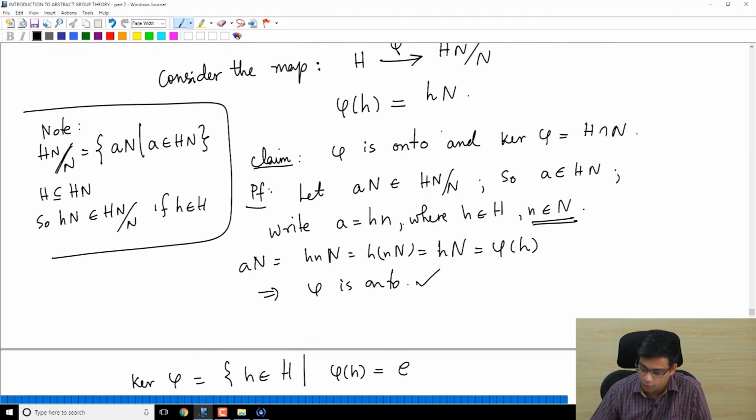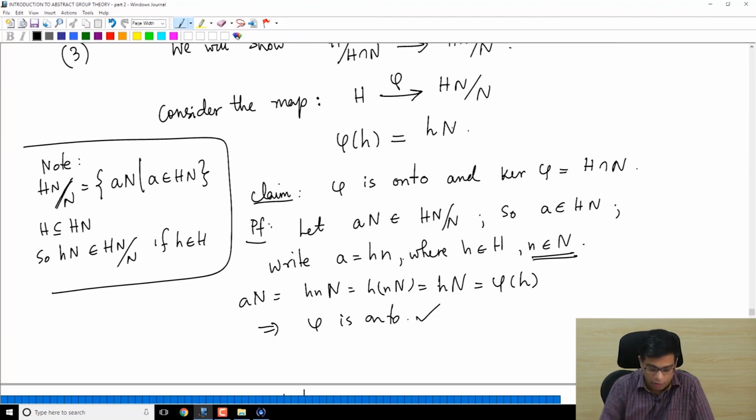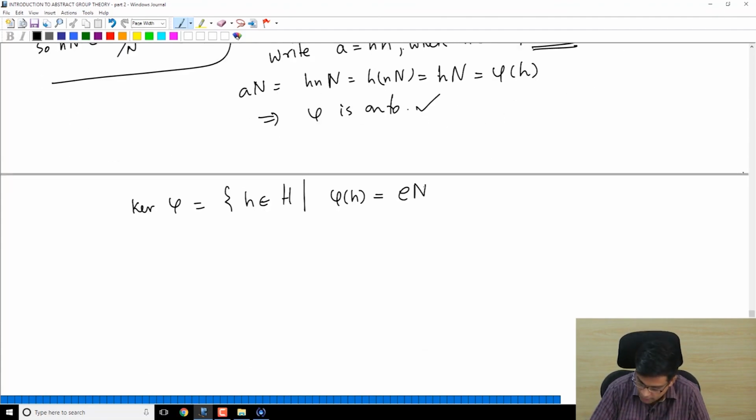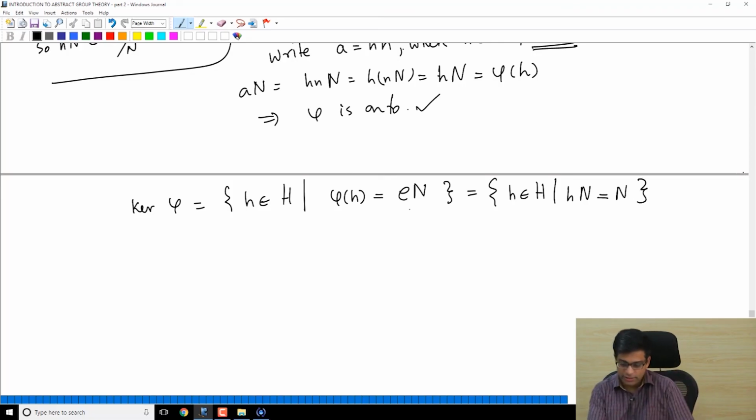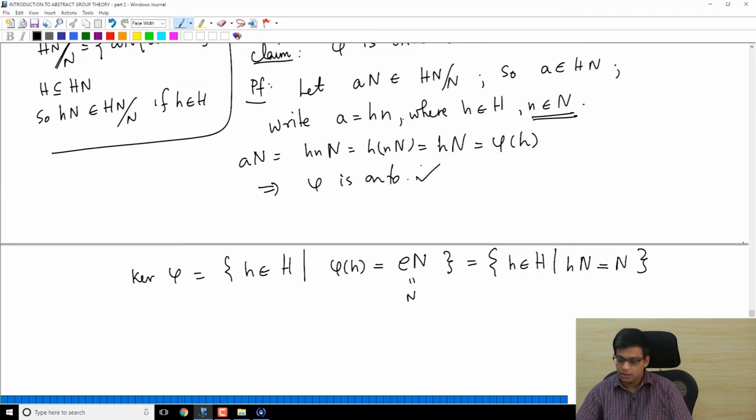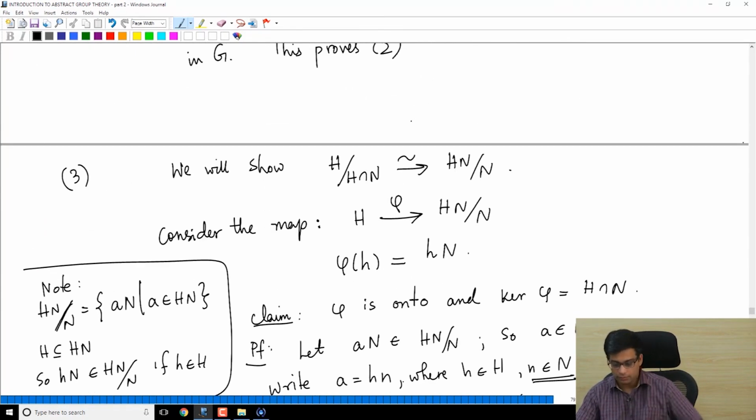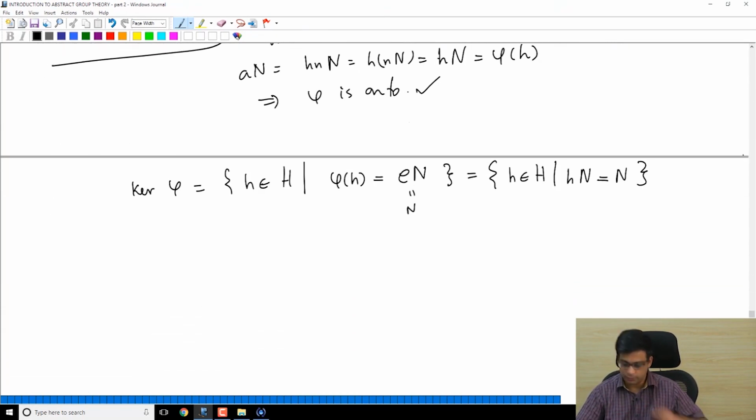What is the identity element of HN mod N? HN mod N is the quotient group. The identity element is simply eN. So the kernel is all elements small h such that hN equals N. Right? eN is equal to N. So the elements in the kernel are the things that map to N. But what does hN equal to N mean?